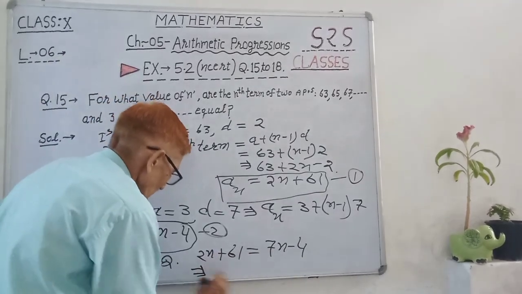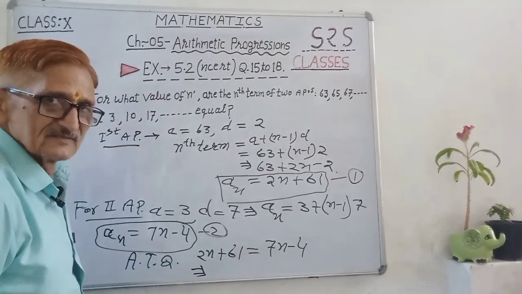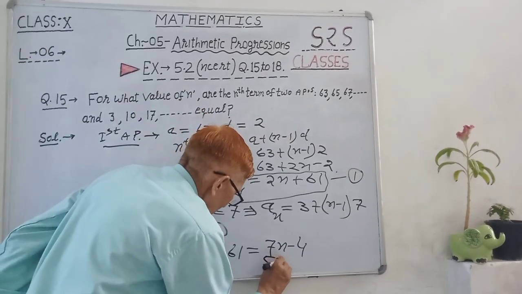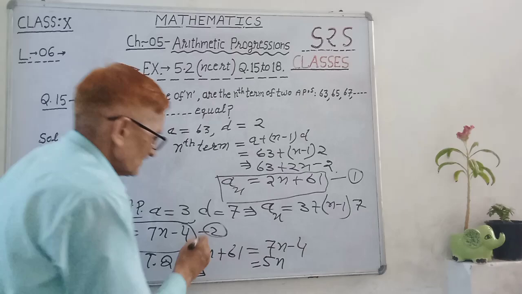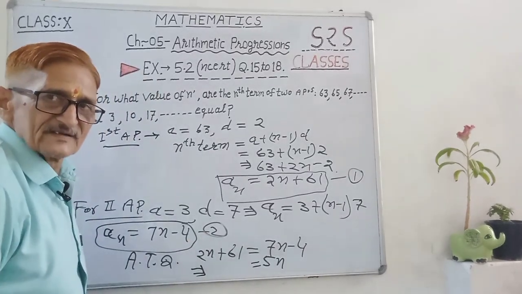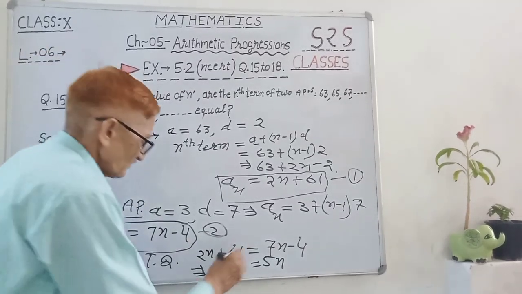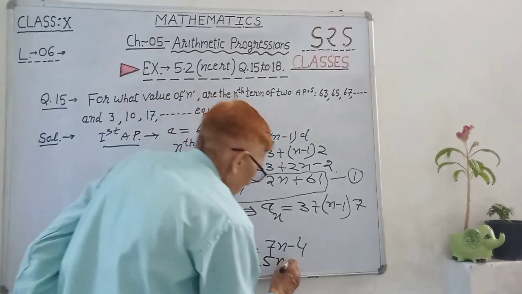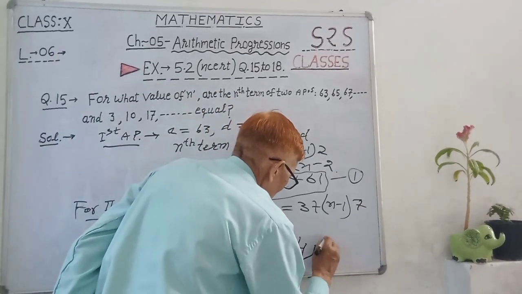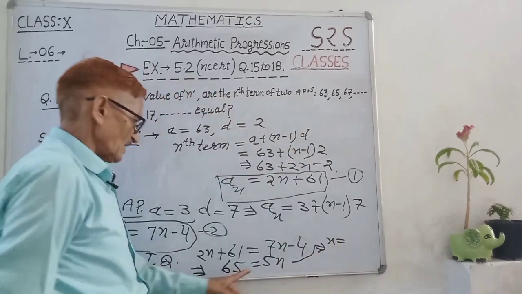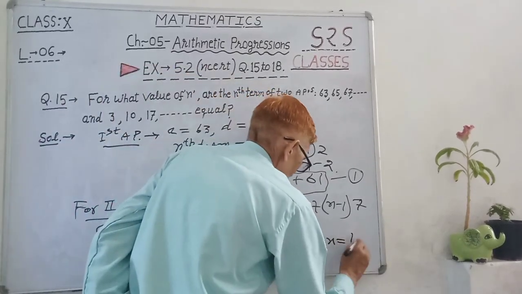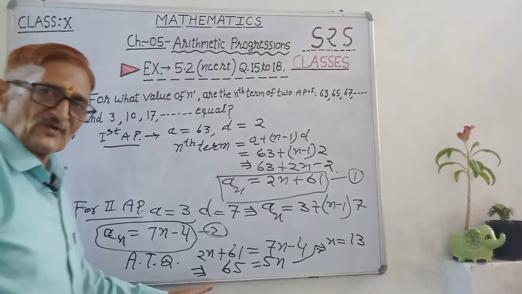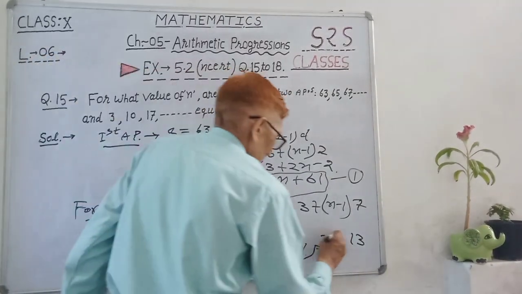So this implies 2n will go that side, 7n minus 2n, 5n, and minus 4 will come this side, add with 61, 61 plus 4, 65, then n equal, divide by 5, 65 divided by 5 is 13, so n is equal to 13.